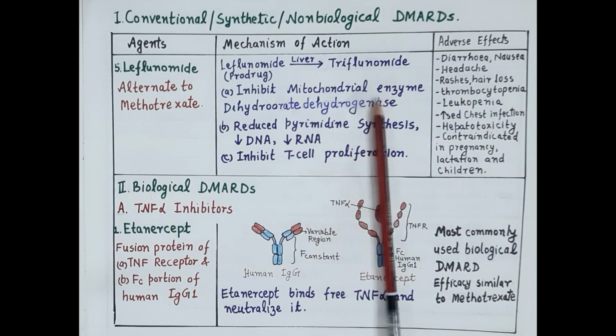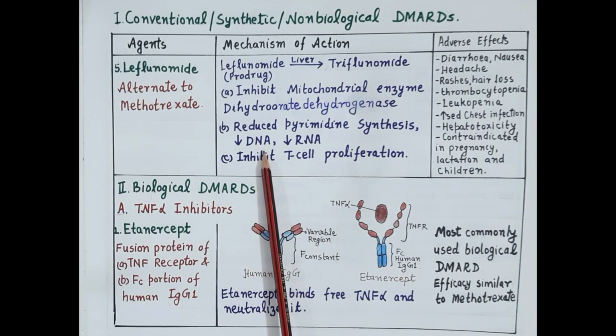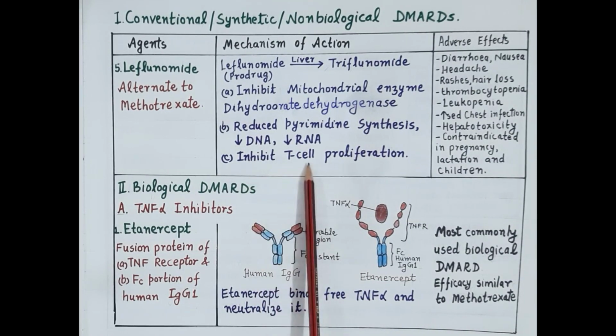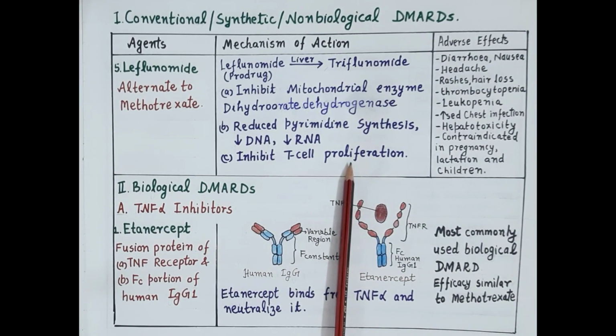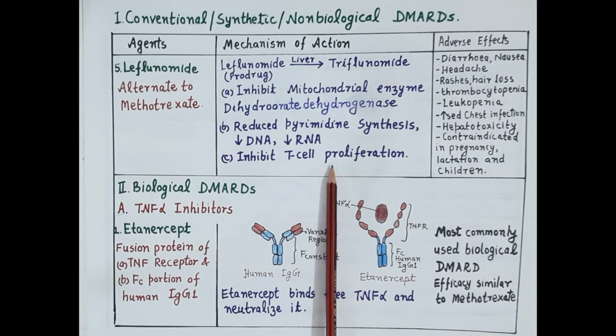This inhibition of the enzyme reduces synthesis of pyrimidines, further reduces synthesis of DNA and RNA by the T cells, and thus inhibits T cell proliferation, inhibiting synthesis of cytokines by the T cells, and further inhibiting activation of other immune cells like the B cells and the macrophages. So, this is how leflunomide produces anti-rheumatic effect.